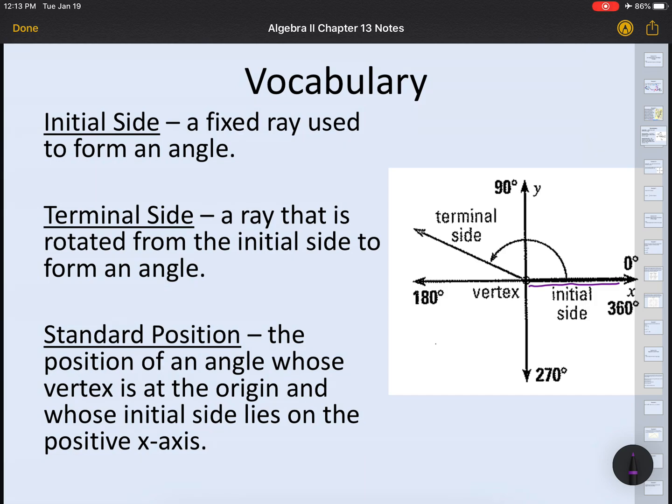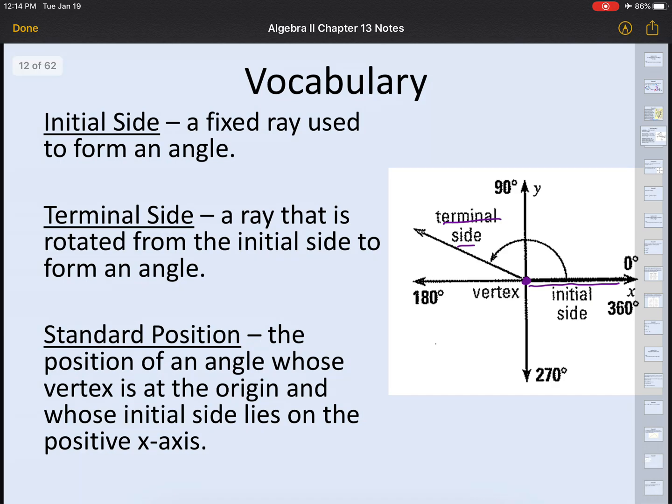So here's our terminal side on this graph. And standard position is the position of an angle whose vertex is at the origin and whose initial side lies on the positive x-axis. So this is in standard position. The angle's vertex is on the origin, and the initial side is on the positive side of the x-axis.